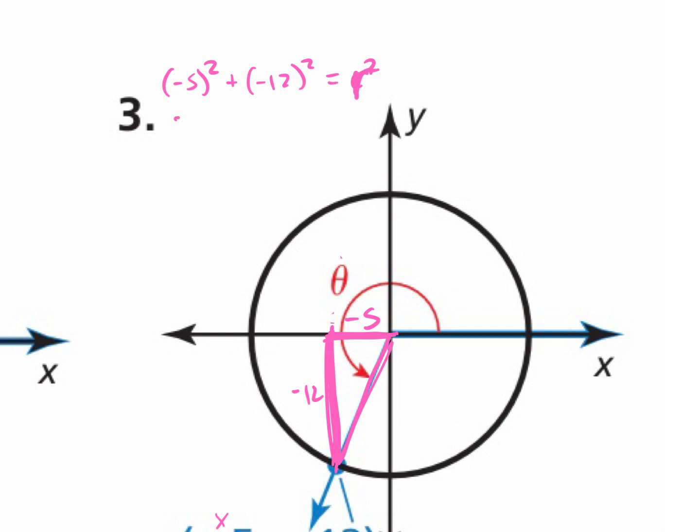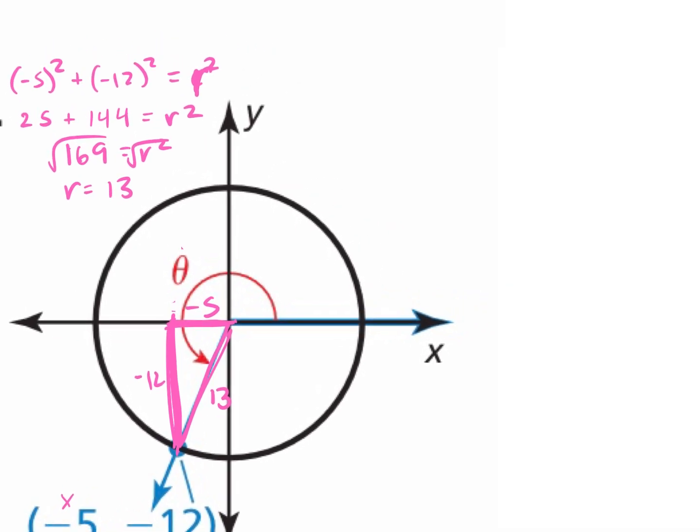So 5 squared is 25. What's 12 squared? What's -12 squared? 144. 25 plus 144? 169. Take the square root, and what's r? 13. Awesome.